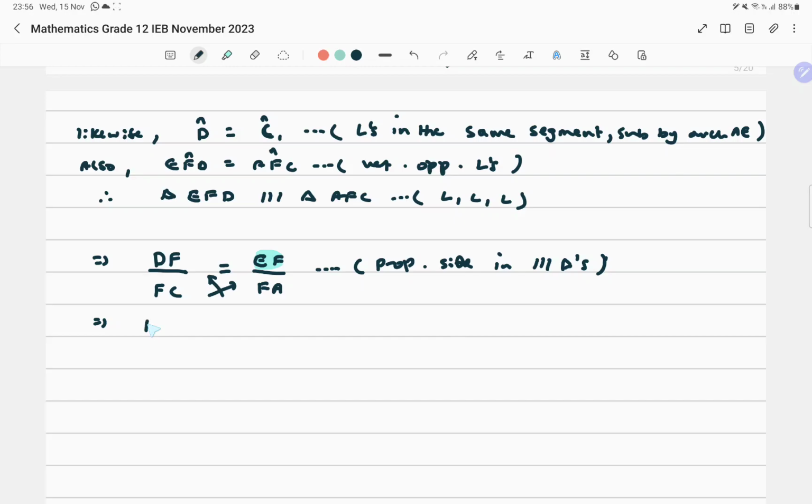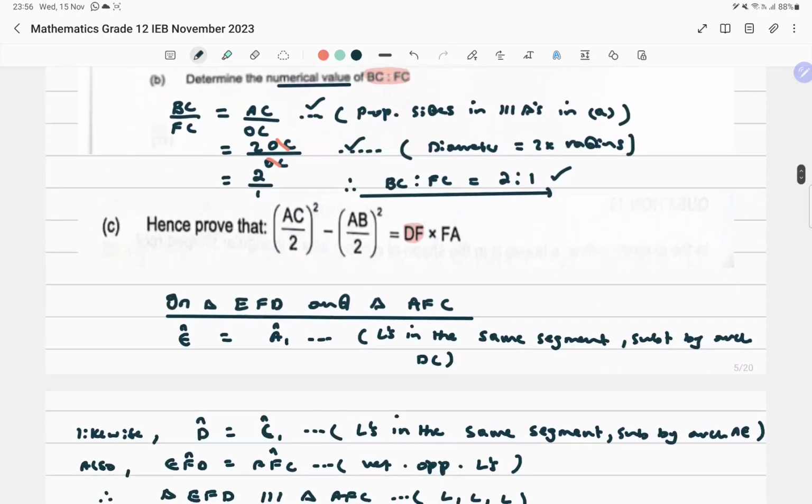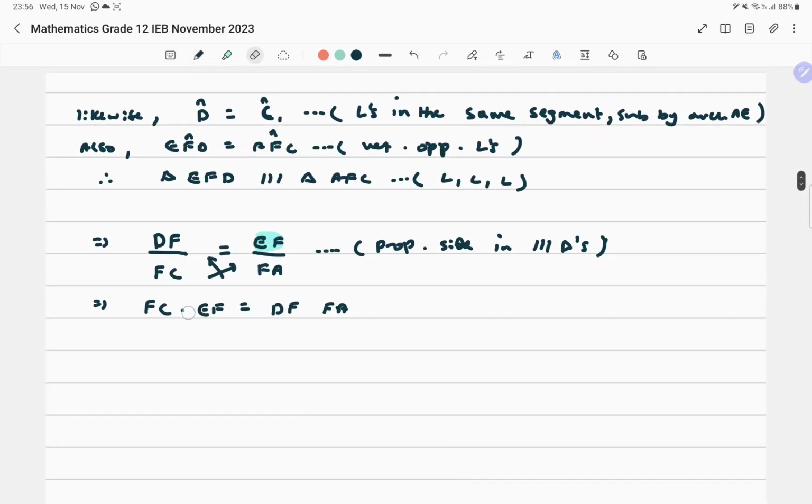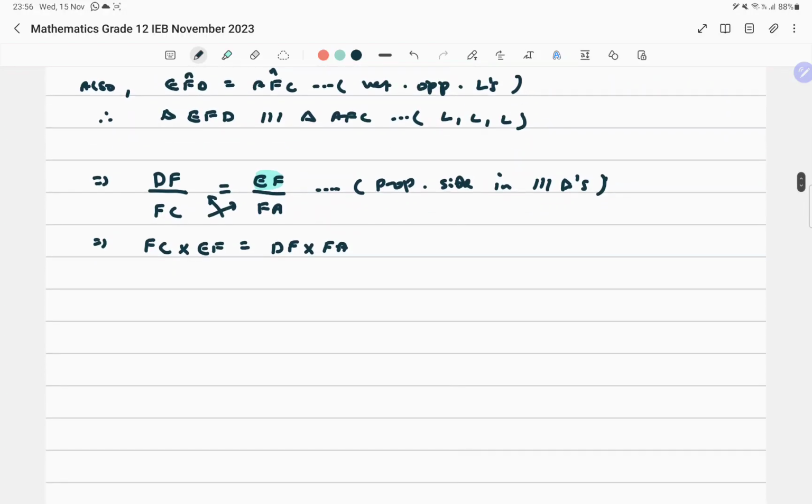So we're going to say here FC times EF is going to be equal to DF times FA. Okay, how did they write it? They put a multiplication. So always, guys, pay attention to the notation dictated by the question. You distort it at your own peril.